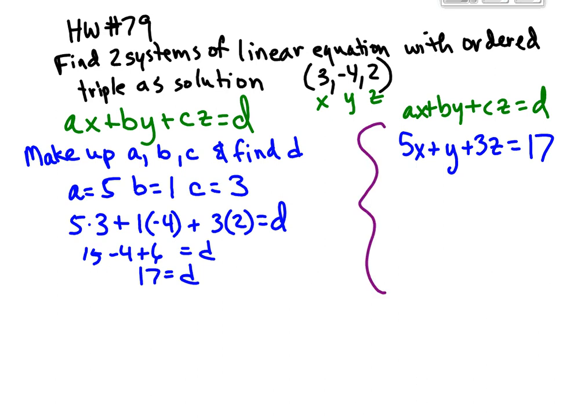So the next A, B, and C I'm going to make up is I'll next let A equal 2, B equal 1, C equal 3, and I want to find D again.